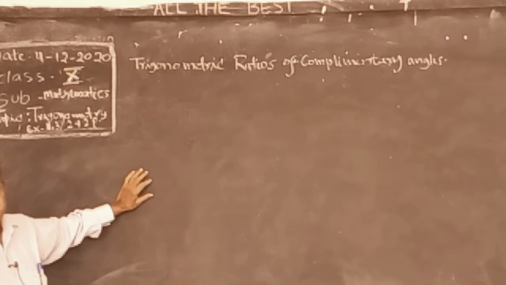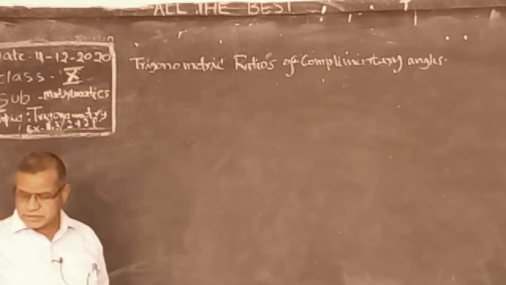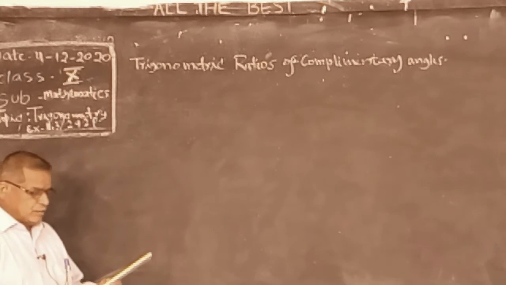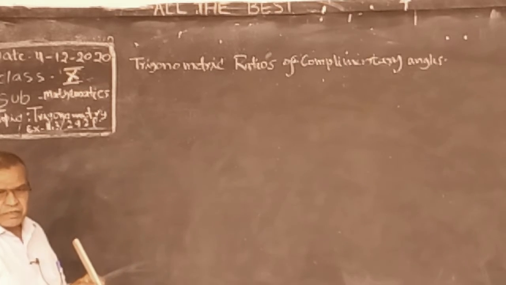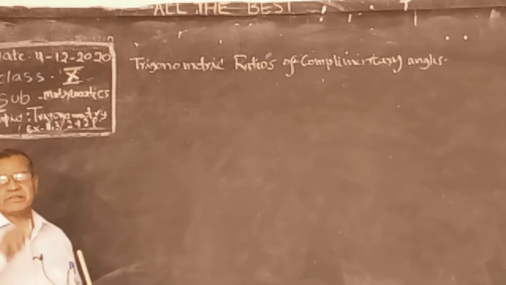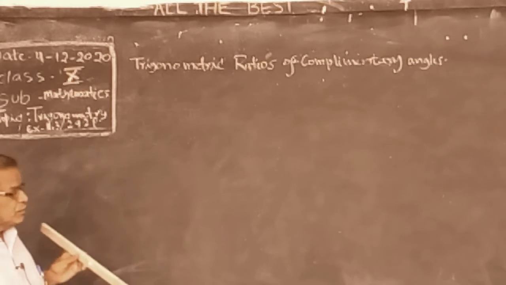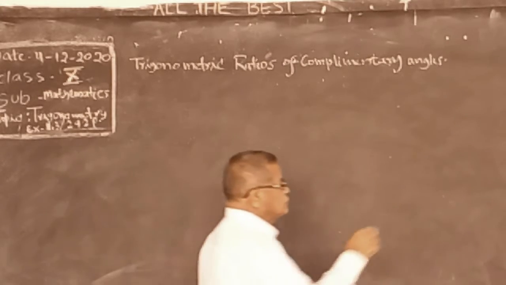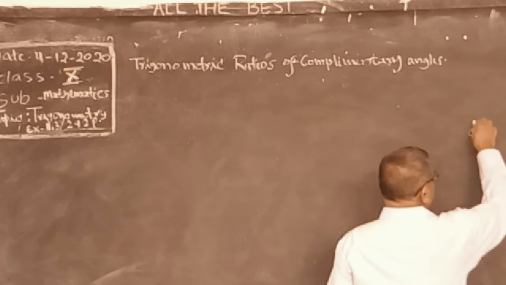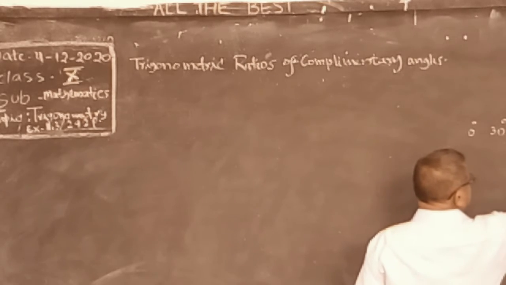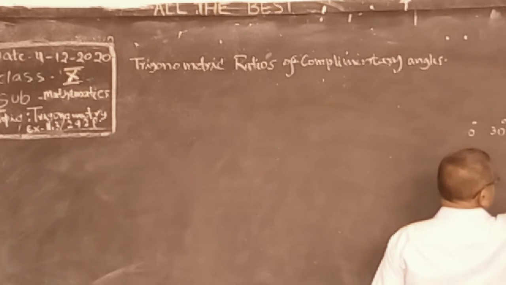trigonometrical ratios of some specific angles, that is 0, 30, 45, 60, 90. And for every angle we have values, but they will be in decimals. We cannot easily remember those, but we can easily remember these values: 0 degrees, 30 degrees, 45 degrees, 60 degrees, 90 degrees.